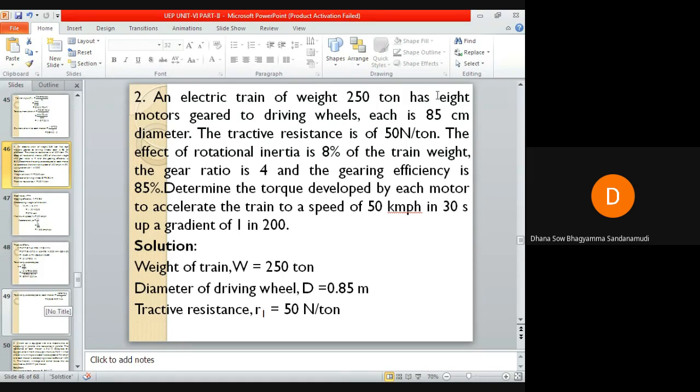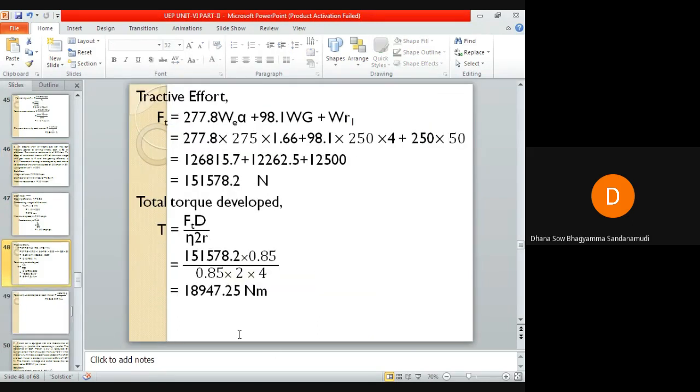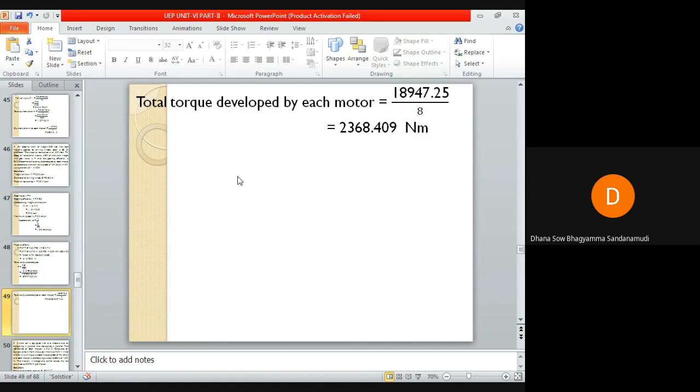Total 8 motors are there. So the total torque developed by all these motors is 18947.25 Newton meter.